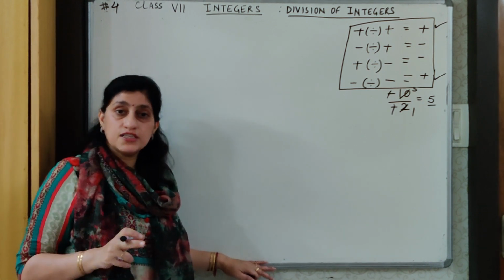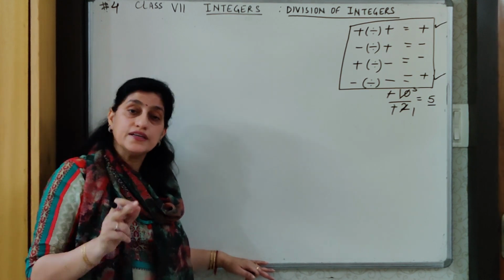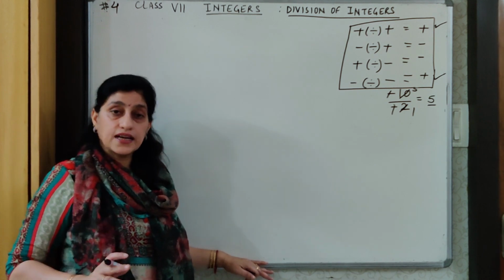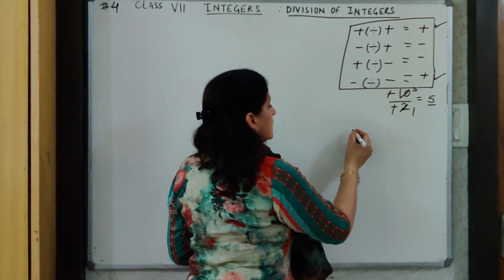But if one is plus and one is minus, then my result is going to be a negative answer. Is that clear? I will still explain it further to you through these few numbers I'll take.